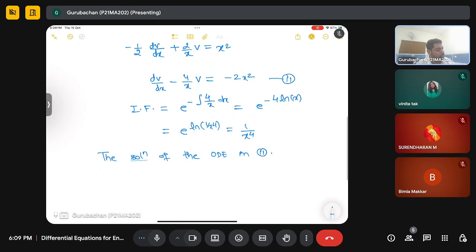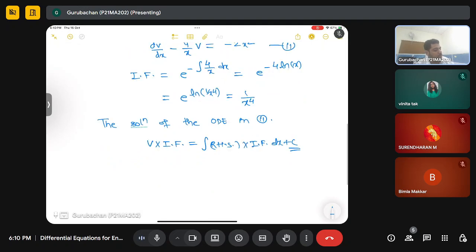That will be, the dependent variable v times the integrating factor equals the integral of the RHS function times the integrating factor dx plus some constant. So here it will be v divided by x to the power 4.